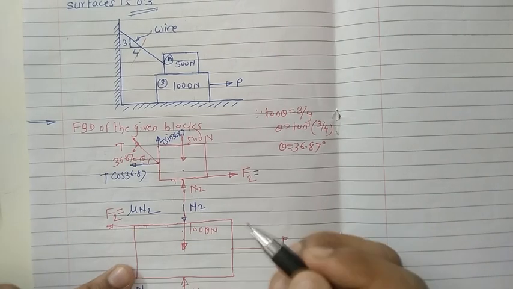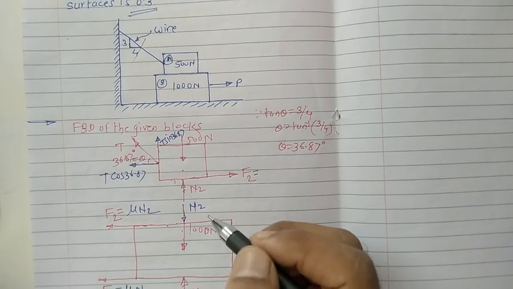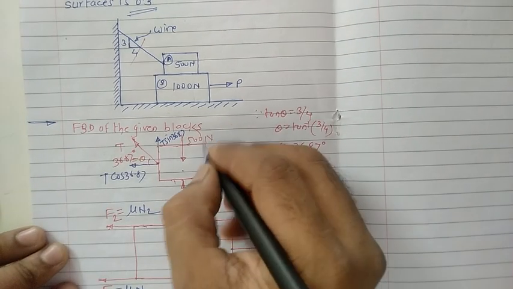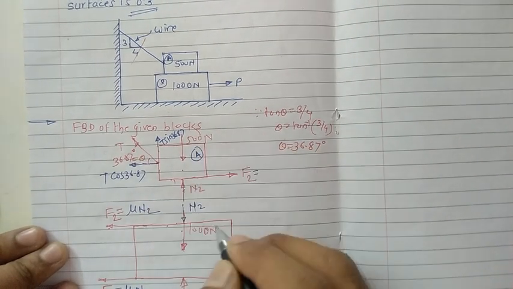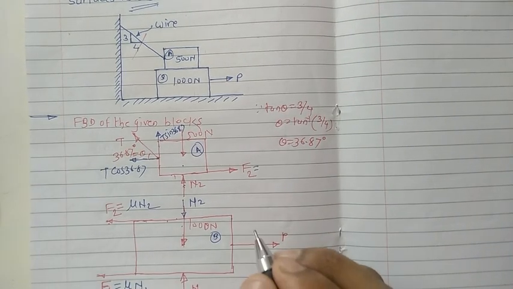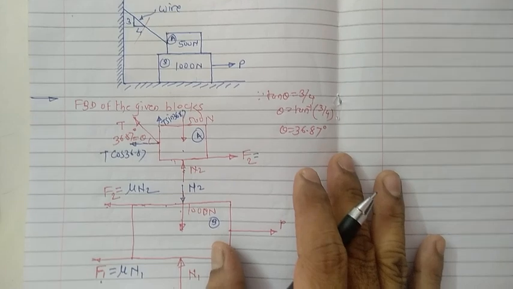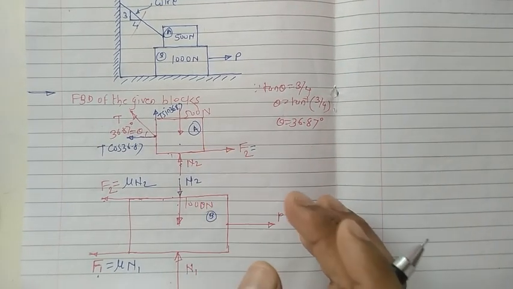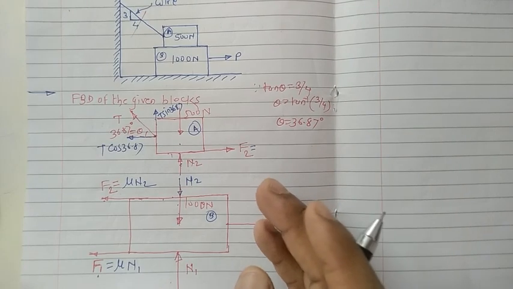Now, all the forces are shown, so apply the conditions of equilibrium for this block and for this block separately. Choose the block in such a way that we get the minimum number of unknowns.